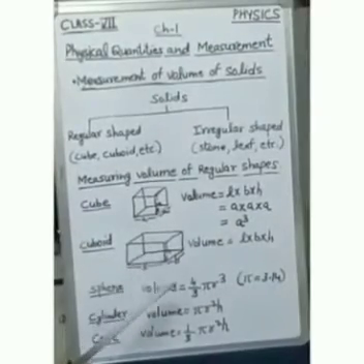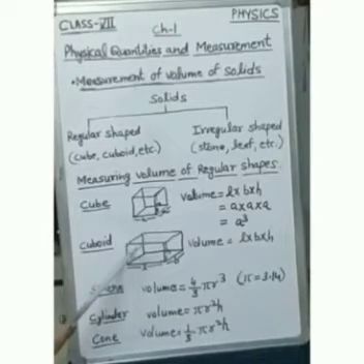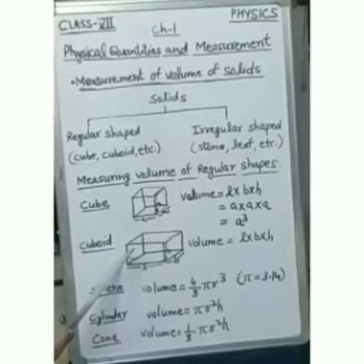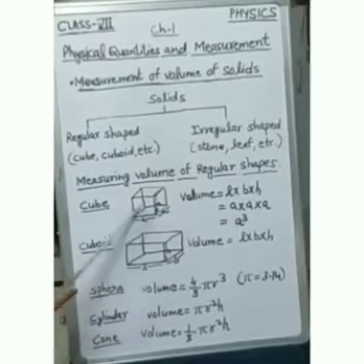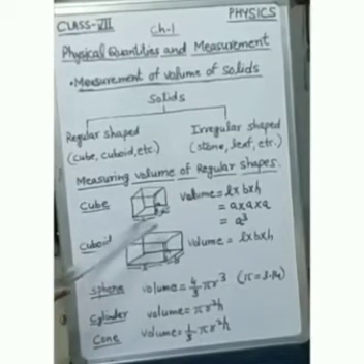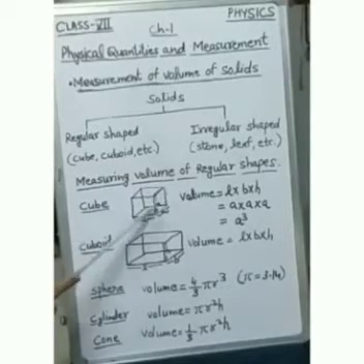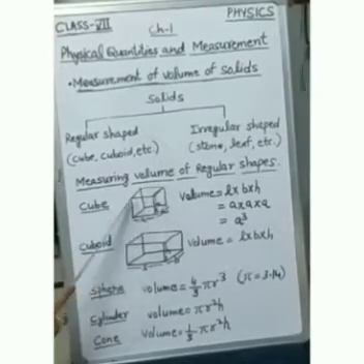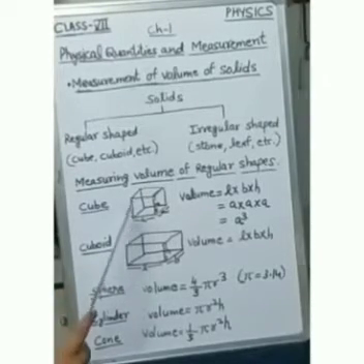The volume of a solid such as a cube or a cuboid can be calculated by using formulas. For example, this is a cube. It has square faces, and you all know square has all the sides equal.